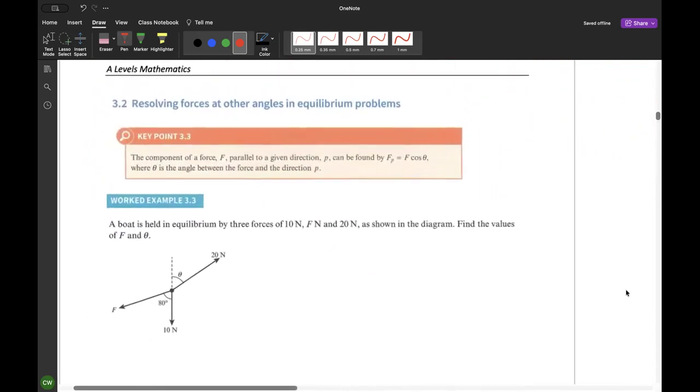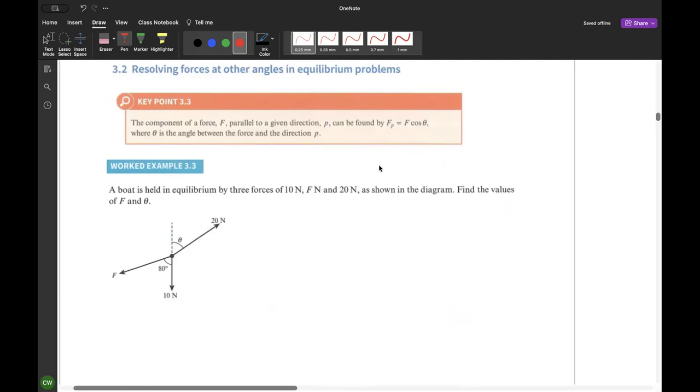Forces in equilibrium. Okay, parallel three forces. Find the angle. How to find?